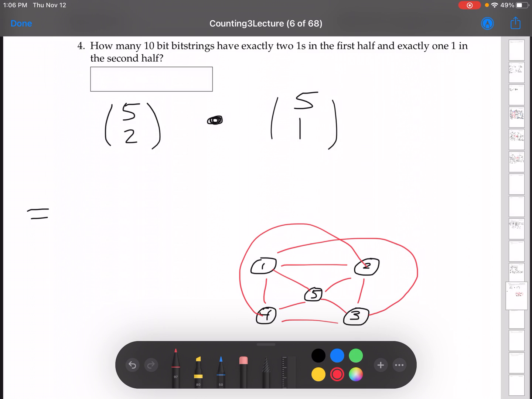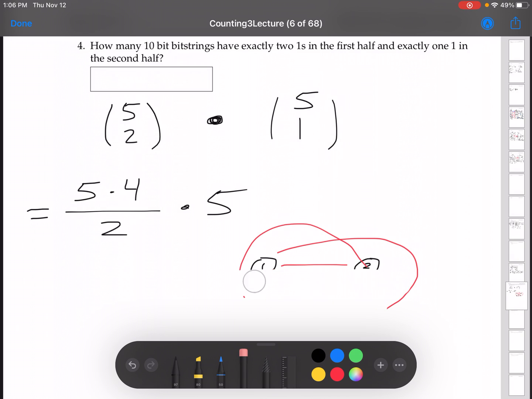Remember that when we did that, we figured out that anything choose 2, so this is going to be 5 times 4 over 2. And then remember, 5 choose 1 is always 5. So if you didn't understand what I just did there with the graph, it doesn't matter.